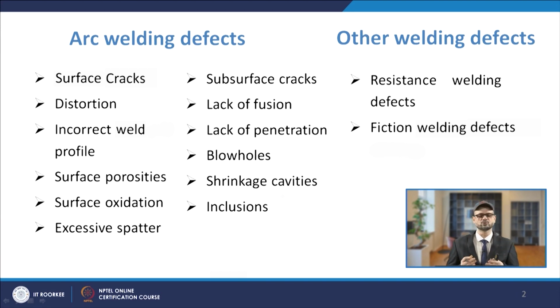If you come to arc welding defects, on this side you have the surface defects, and this is among the subsurface defects. So, the surface defects are visible from outside, whereas the subsurface defects are inside the geometry, and they need to be seen using a microscope or so.